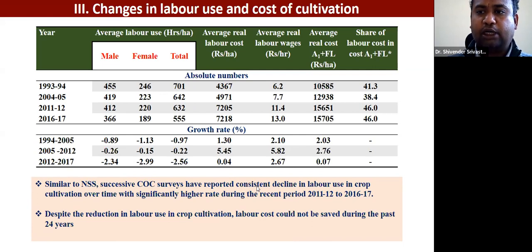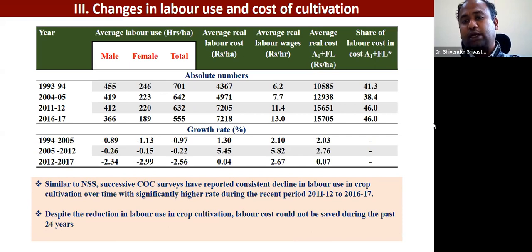And the third part is what the implications of changes in the labor force in agriculture are. Labor, once it is withdrawing, is one of the dominant elements in the cost of cultivation.